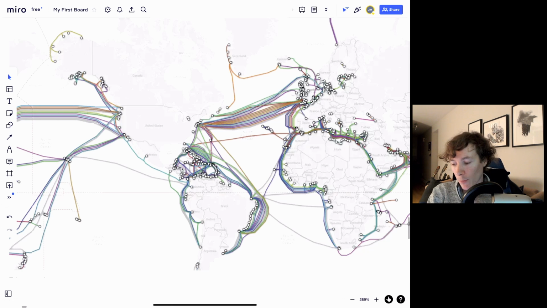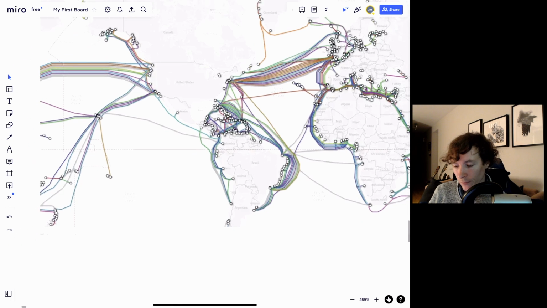And if they slice them, they would basically break off internet infrastructure communication between whatever nodes they sliced, right? So the ability for us to intercommunicate over countries is highly, highly dependent on the fact that there are physical fiber optic cables that take our messages across the ocean.